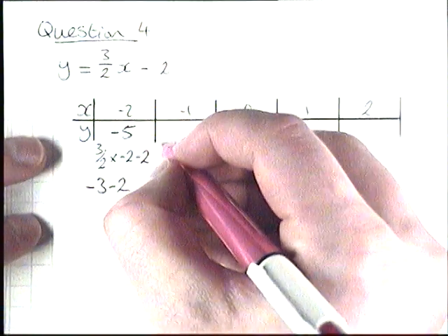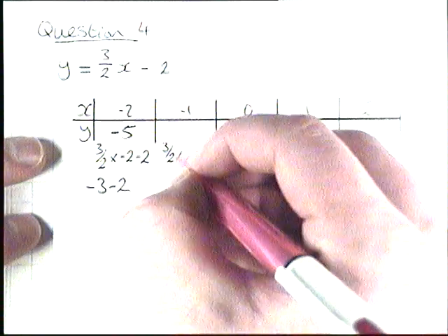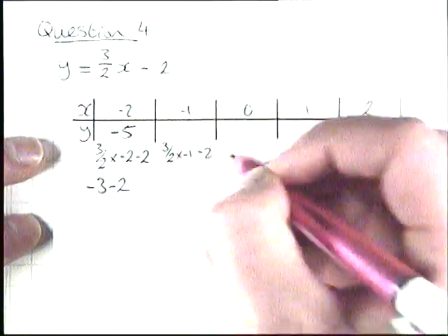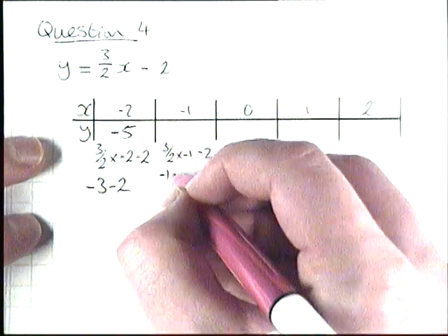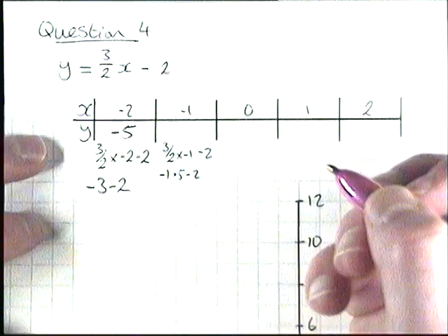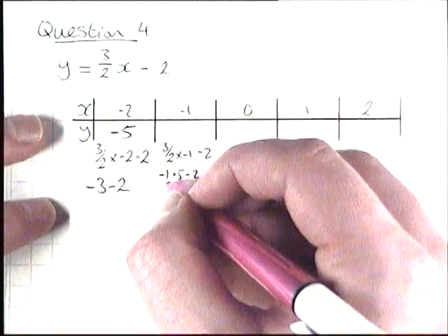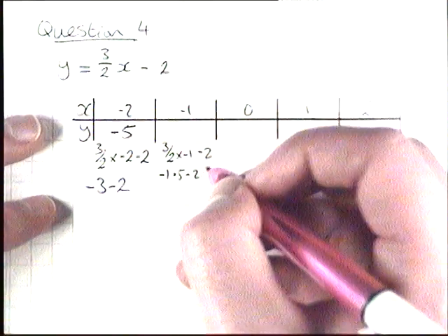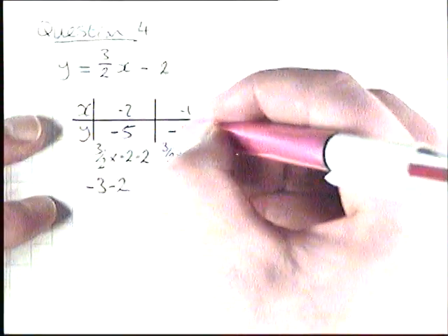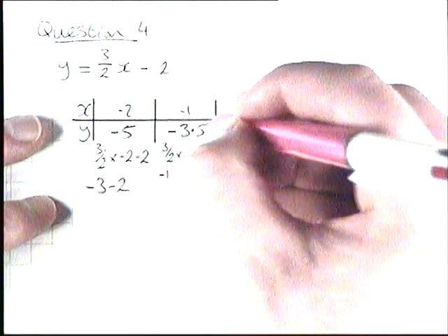We've then got the 1.5 times minus 1, take away 2, so that's going to leave us with negative 1.5 minus 2. So minus 1.5 minus 2 leaves us with minus 3.5.